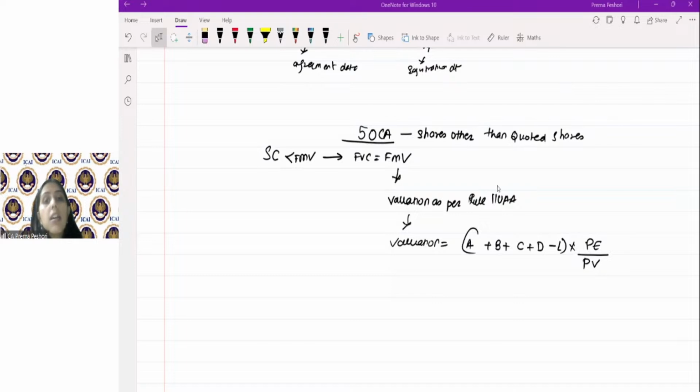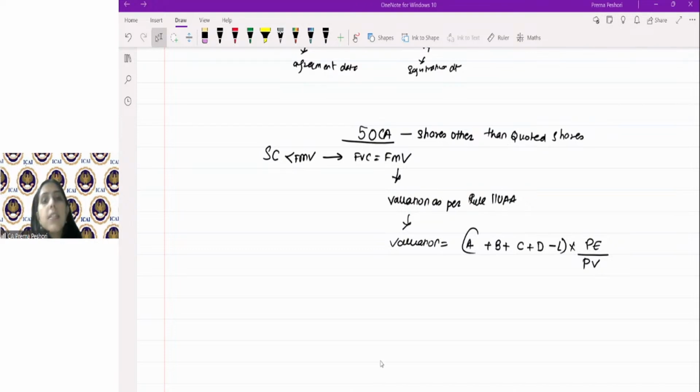B is the open market value or the market value as per the valuation report of jewelry and artistic work. C is the fair market value of shares and securities. So fair market value of shares and security, again, it is as per 11UA. Then D is the value of the immovable property. And L is the book value of the liabilities, excluding the paid up share capital of equity shares, reserves and surplus, provision for tax, unascertained liability provision, contingent liability.